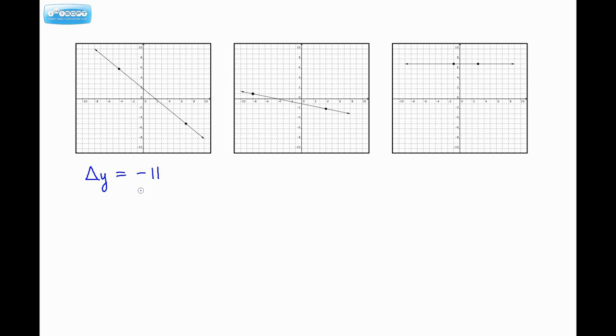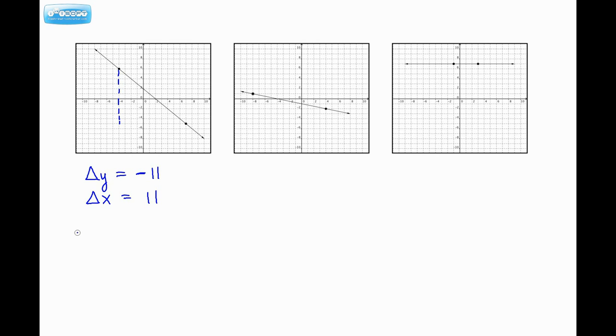So that's a change in y of negative 11. I'll just put that in here. And our delta x, we have to go to the right, so that is positive: 1, 2, 3, 4, 5, 6, 7, 8, 9, 10, 11.